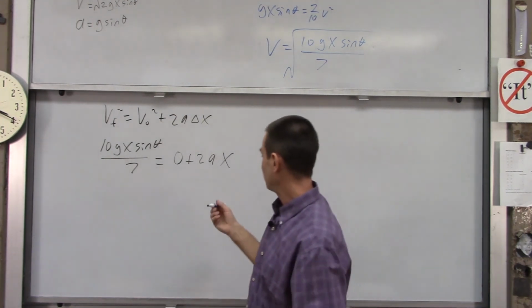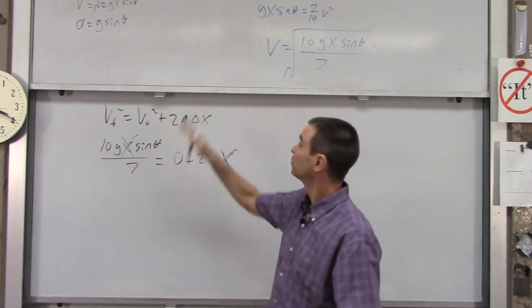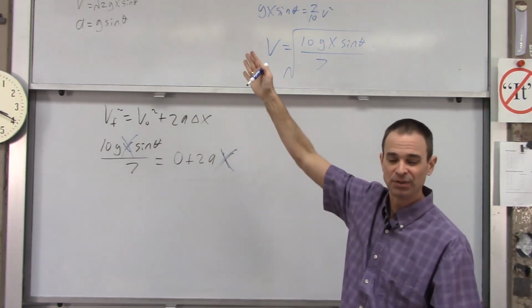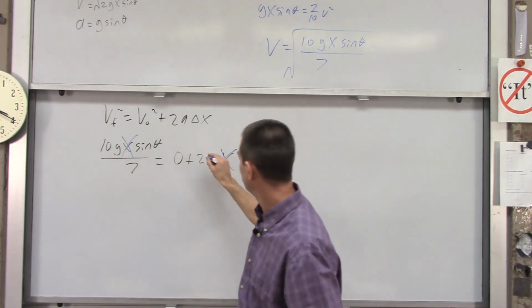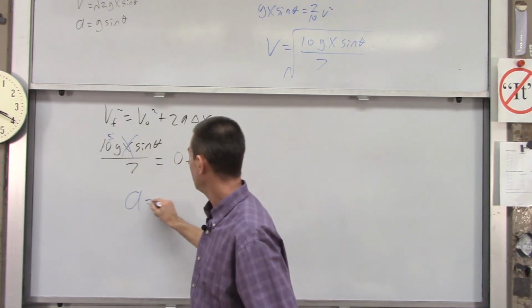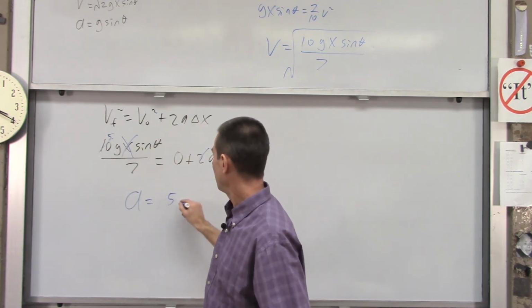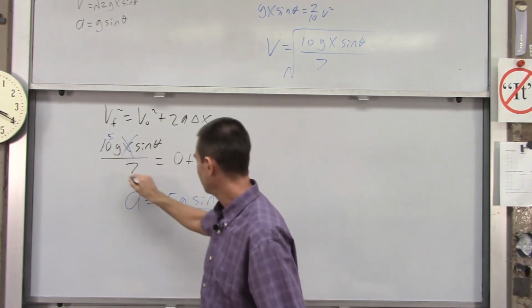A couple things cancel. The x is gone: the acceleration doesn't depend on how long the ramp is, just on the angle of the ramp. And then the 2 becomes a 5, so a is 5g sine theta all over 7.